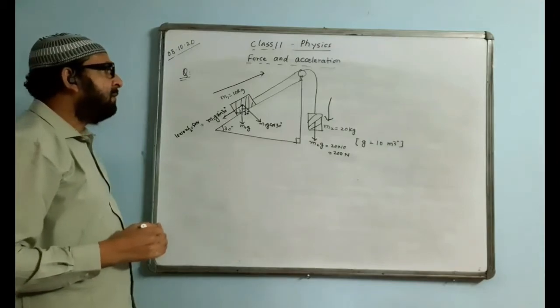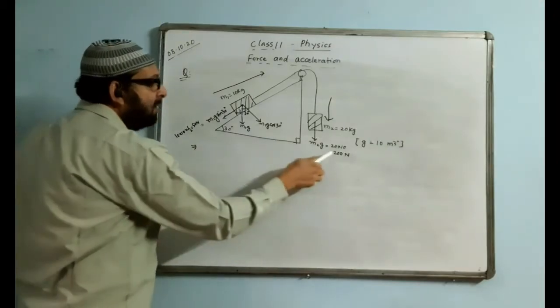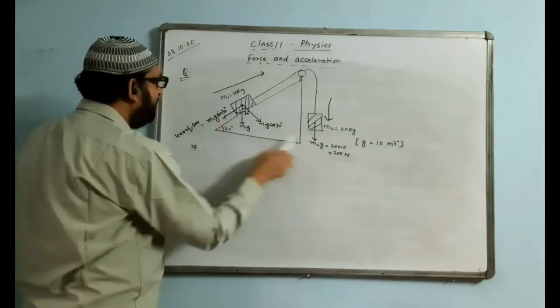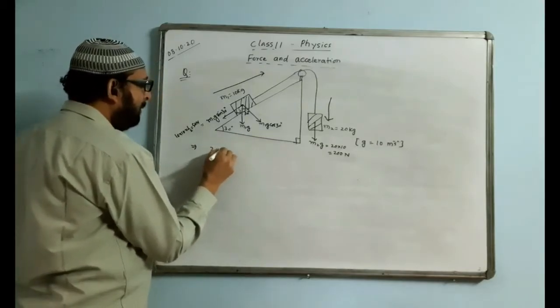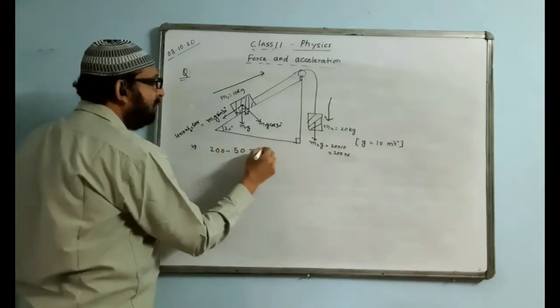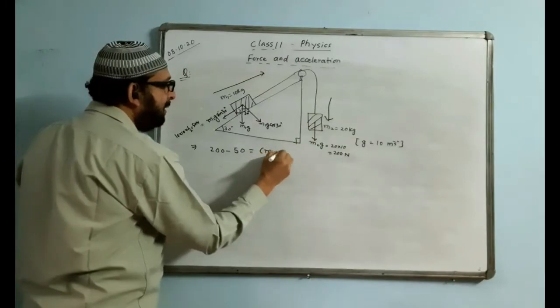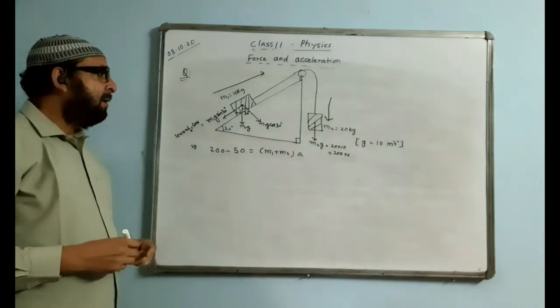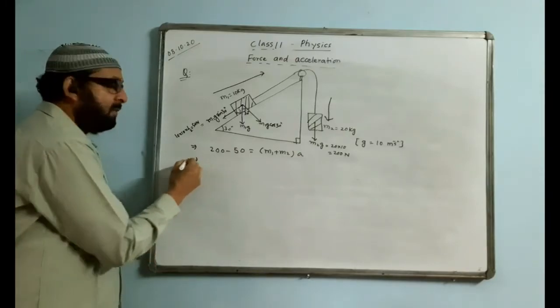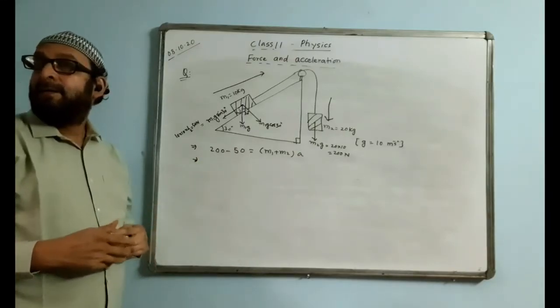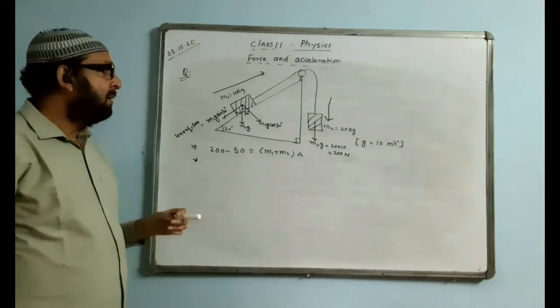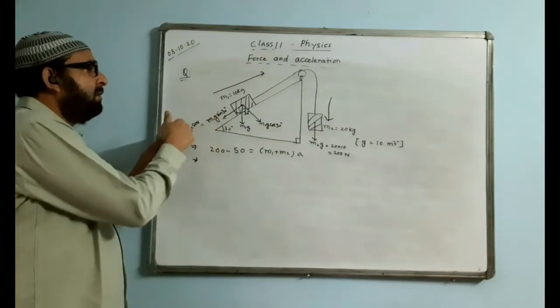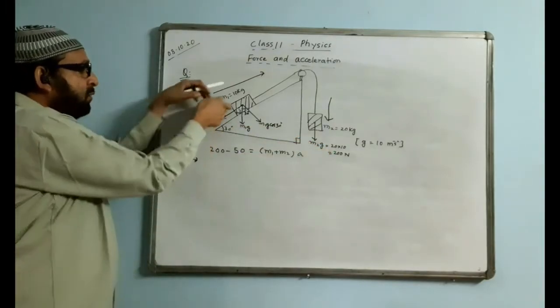Now let us find the acceleration. That will come from the net force, 200 minus this side 50. 200 minus 50 Newton is equal to motion in both the blocks taking place, (M1 plus M2) into A. If this side force is bigger than that side force, then motion will take place this way.